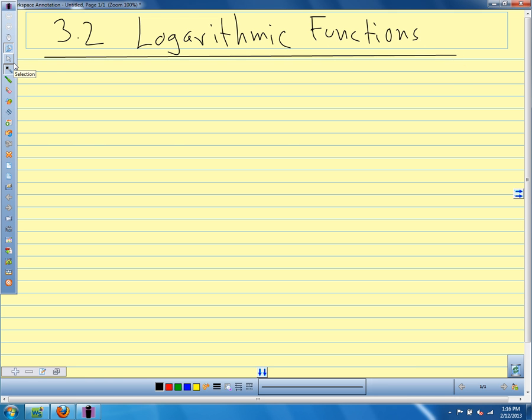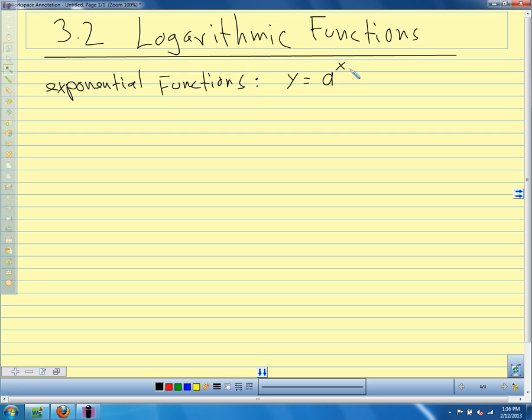So yesterday we talked about exponential functions, and we said exponential functions had the form y equals a to the x for some value of a and for our variable x.